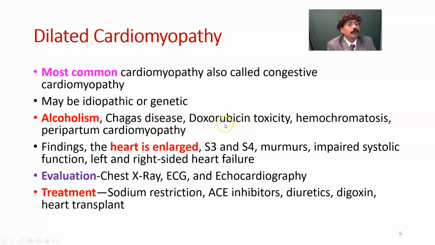Doxorubicin toxicity, also daunorubicin. These are antibiotic anti-cancer drugs. Hemochromatosis, peripartum cardiomyopathy. After birth or around the birth of the baby, some moms may develop cardiomyopathy.